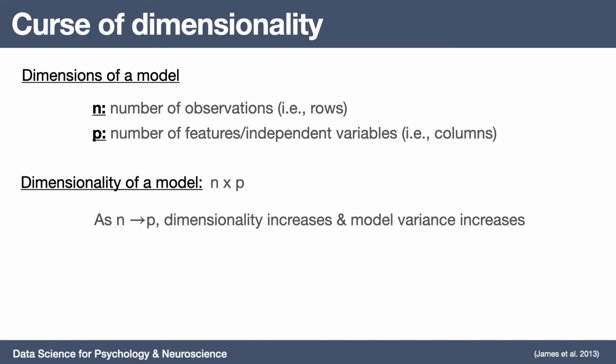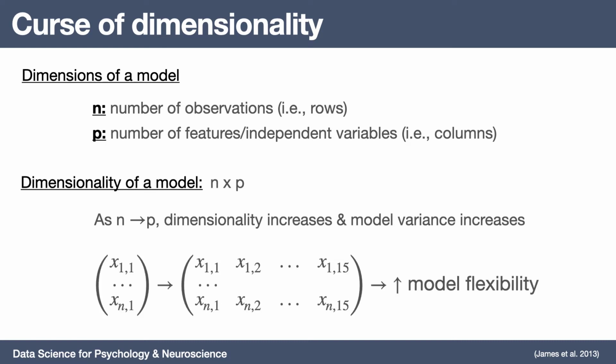And what this does is it effectively increases the model's flexibility or its variance. So it becomes at risk of overfitting by explaining more variance in the training set that doesn't really generalize to new data and test sets.